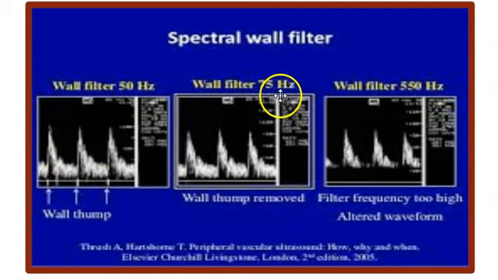Well, if you set your wall filters to 75 Hertz, that wall thump is no longer there. See it right here, just barely in there. However, if you set your wall filters too high at 550 Hertz, you basically lose everything on that baseline. It's screening out anything below that. So you want to properly set your wall filters, so you can see all of your Doppler signal.